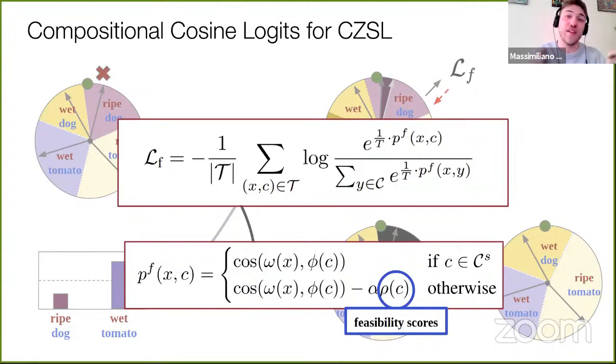On the other hand, if the feasibility score for a composition is positive, so the composition is deemed feasible, this minus is lowering the score of that composition, and the network penalizes it less, since the score is already taken down by the composition being feasible. This means that at test time I have a higher chance to predict it, and this is what we would like to obtain.